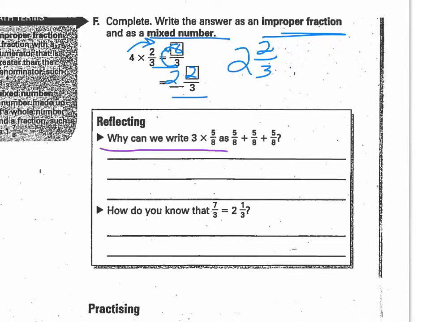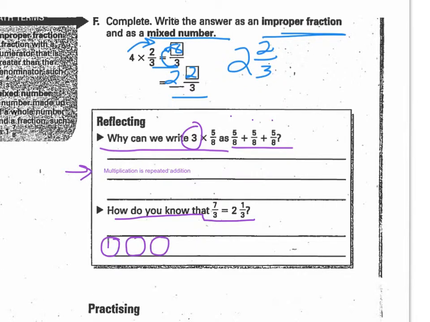Why can we write 3 times 5/8 as this? Multiplication is just repeated addition. 3 groups, 1, 2, and 3. How do I know that 7/3 equals 2 1/3? There are a number of ways.